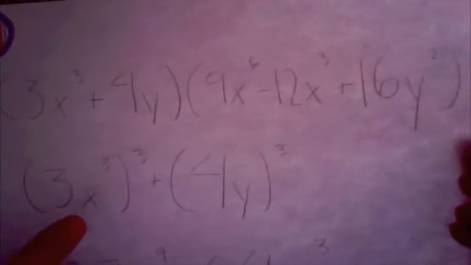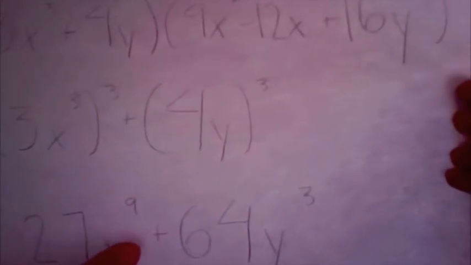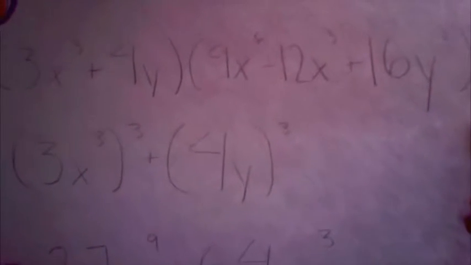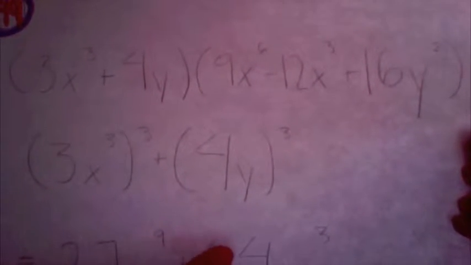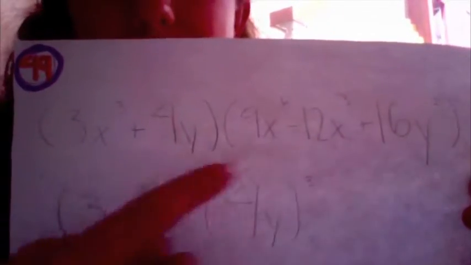You factorize it as 3x cubed to a power of 3 plus 4y to a power of 3, and the answer is 27x to a power of 9 plus 64y to a power of 3. Because you do the rule of general squared trinomial.